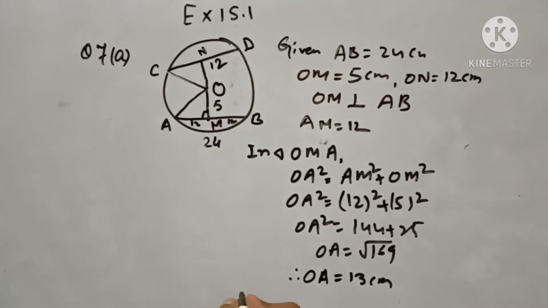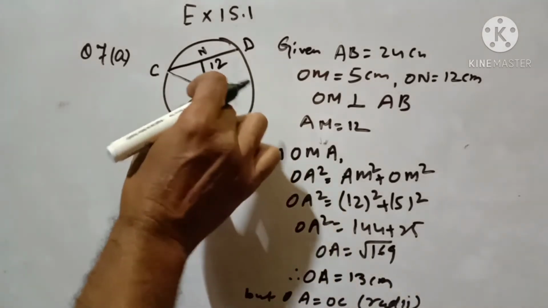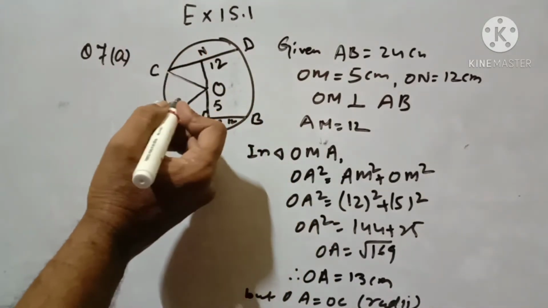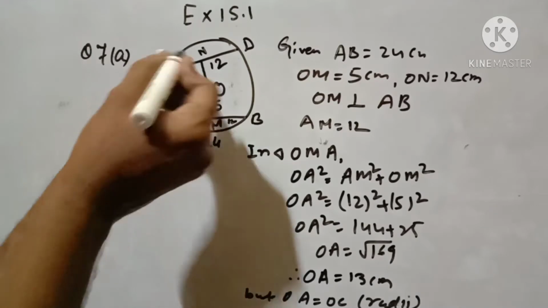OA equal to OC, the same, because they are radii. So whatever the value of OA, the same value will become CO. Now we have to move to this one. This value has come 13 centimeter. What we have to find?